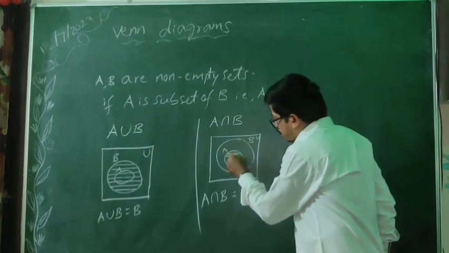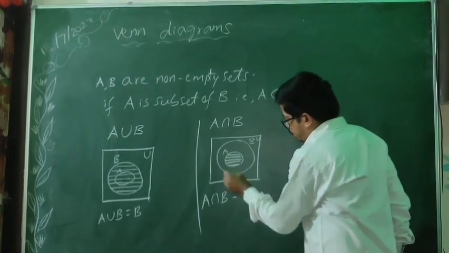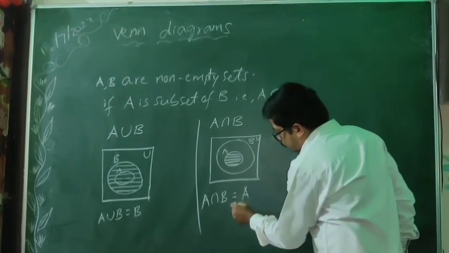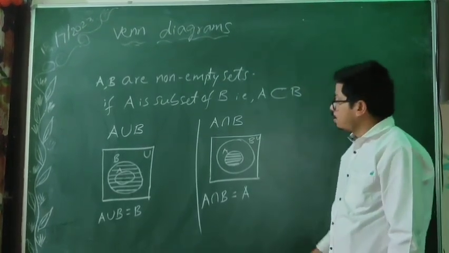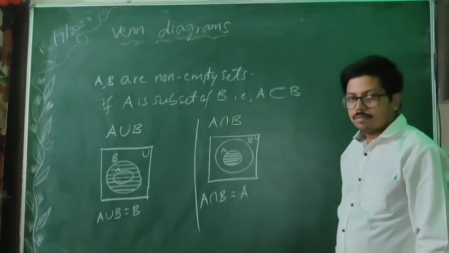So simply shade A. A intersection B equals A because A is a subset of B.